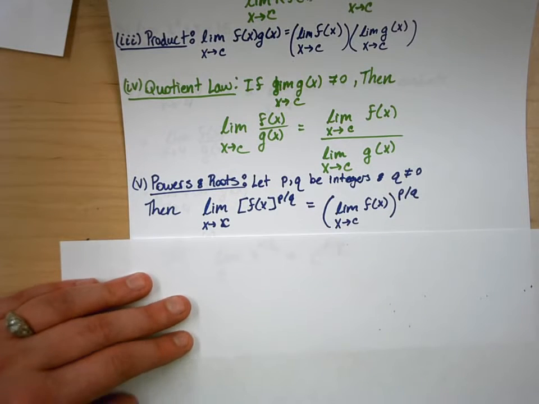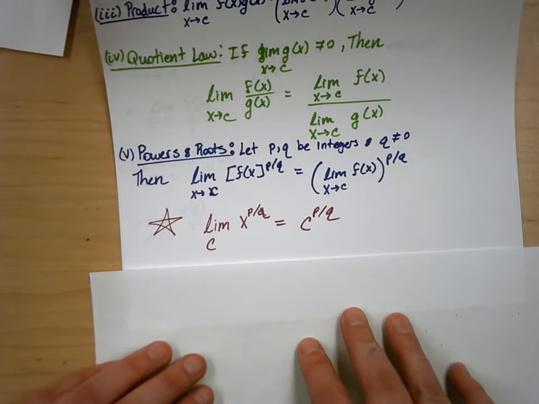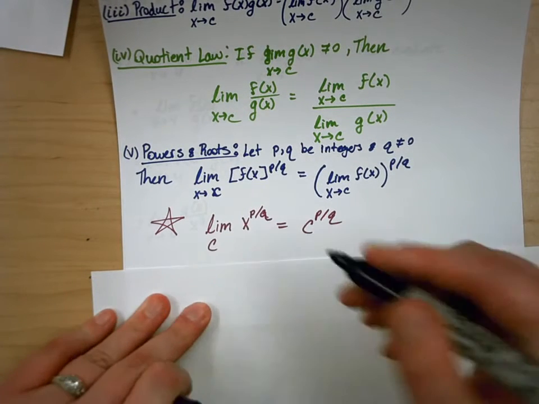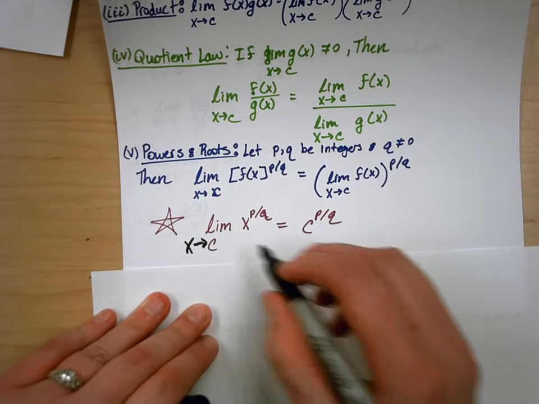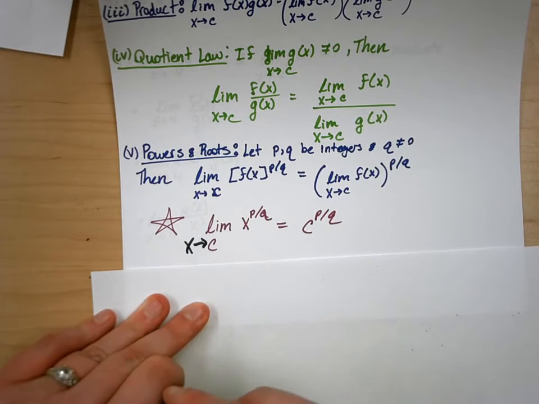We'll be looking at some of those in just a minute. All right, and so it follows that if we take the limit of x to the p over q as x approaches c, then that's going to equal c to the p over q.